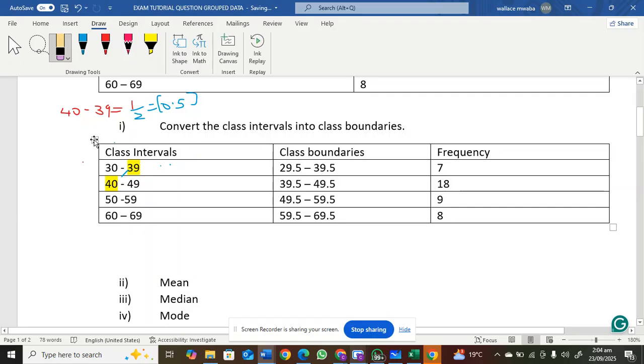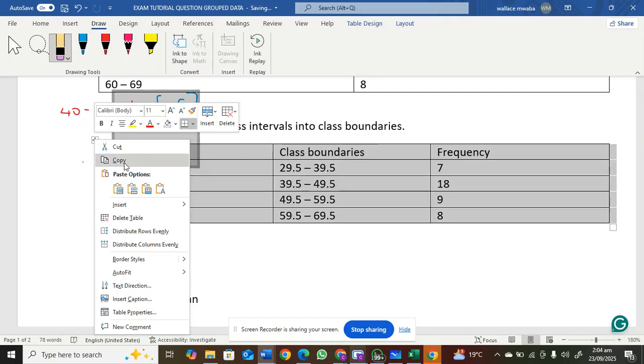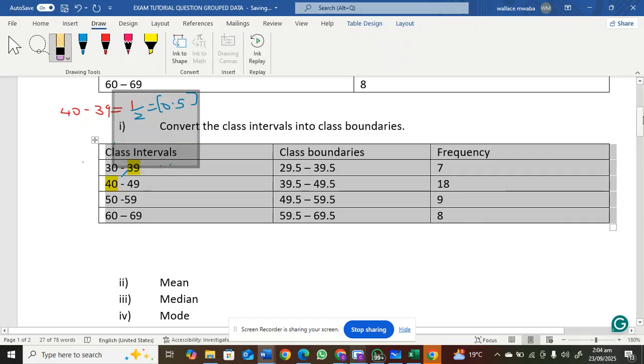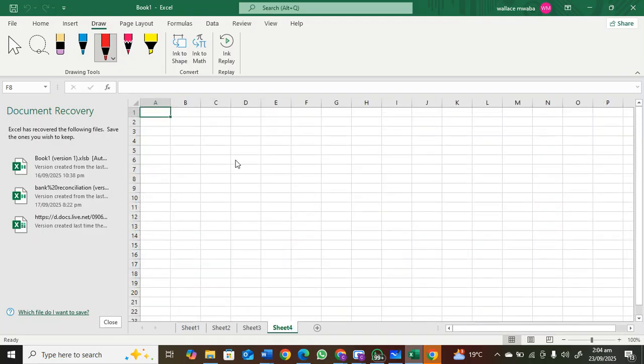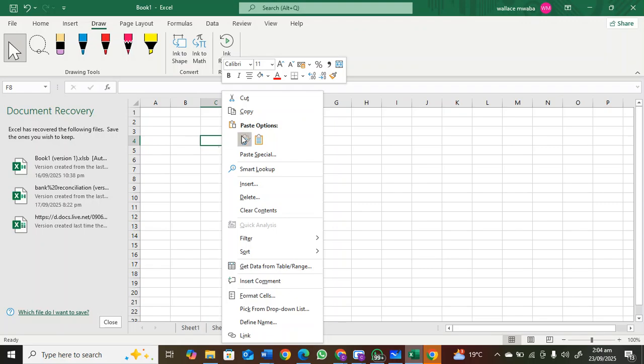So the mean, first thing you need to do, we need to get our midpoints first.